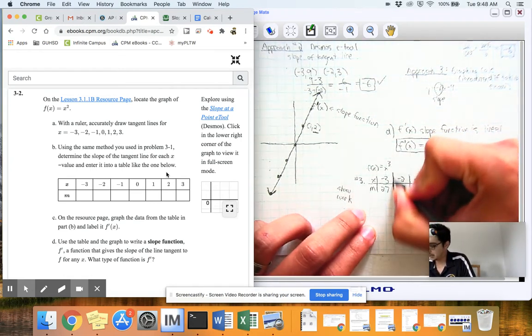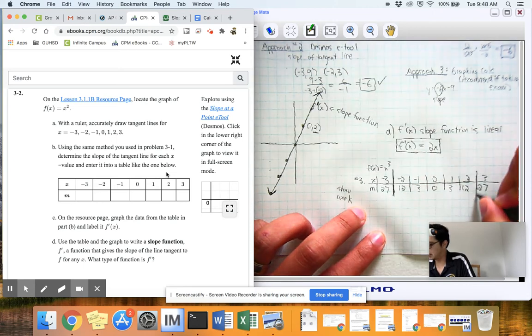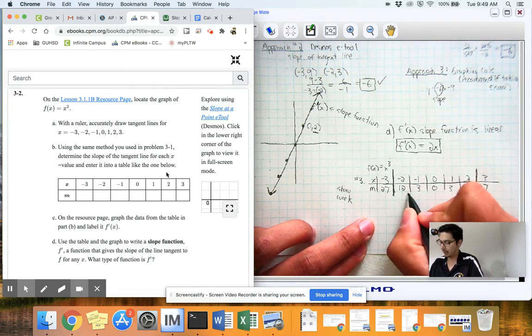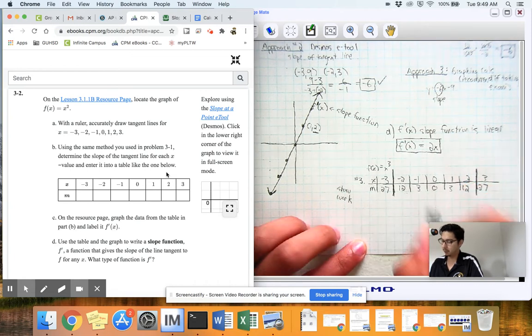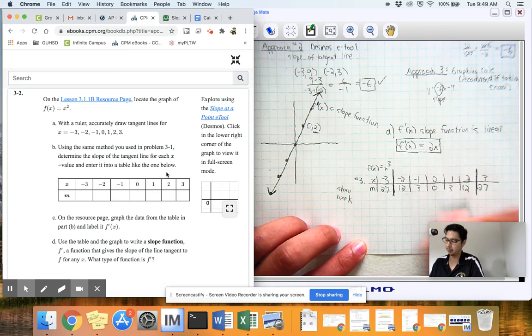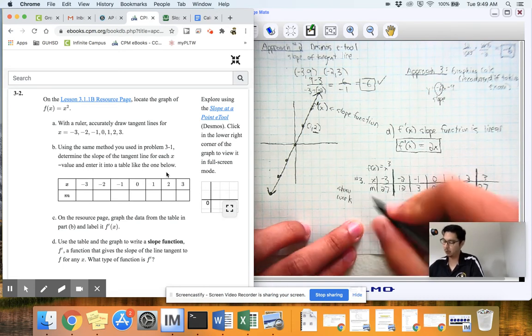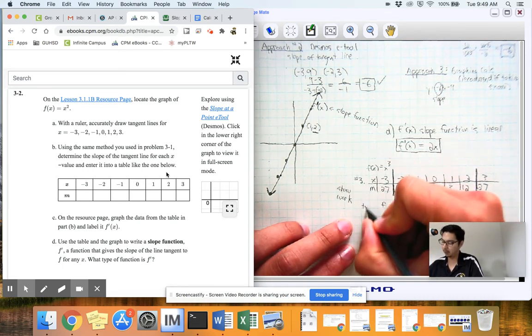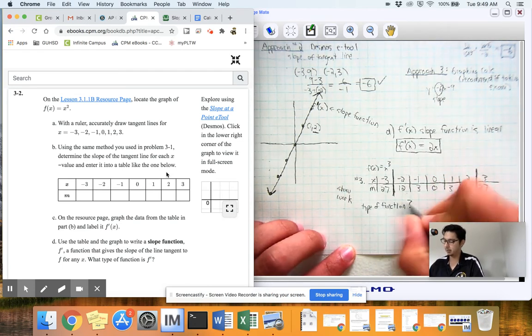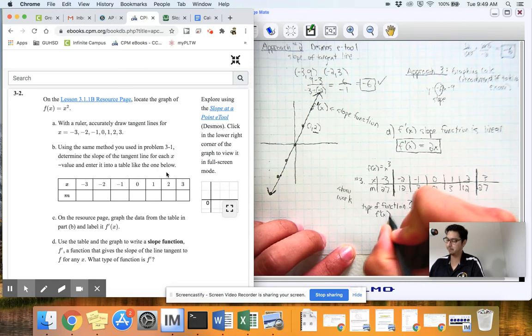In fact, me, myself, when I first worked through this, I just did negative 2 to 2 to show the rate of change, right? And then again, notice what type of function this is creating when you see something symmetric over 0. And hopefully you can figure that out, what type of function is the slope function.